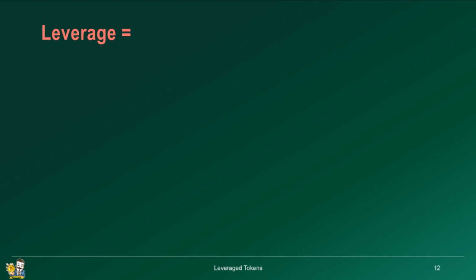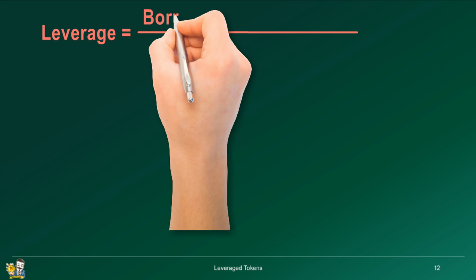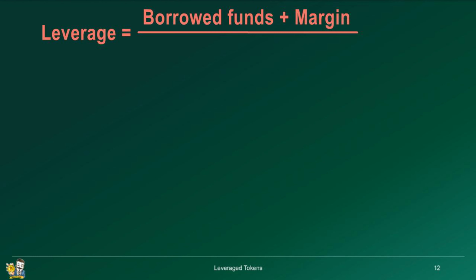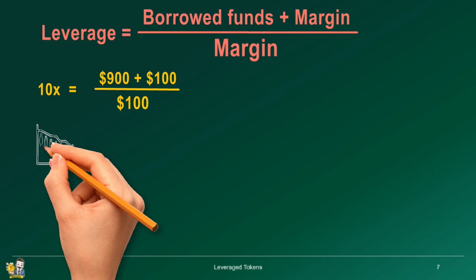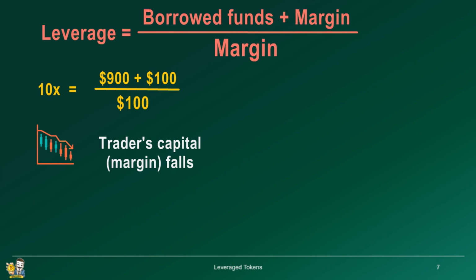So we have leverage equal to borrowed funds plus margin, which corresponds to the total position value, divided by the margin. For example, let's assume you put a $100 margin and you borrow $900. We have this equation which permits you to calculate your leverage, which is equal to 10. Now, let's assume that your capital decreases, so your margin falls because the price is moving against you.